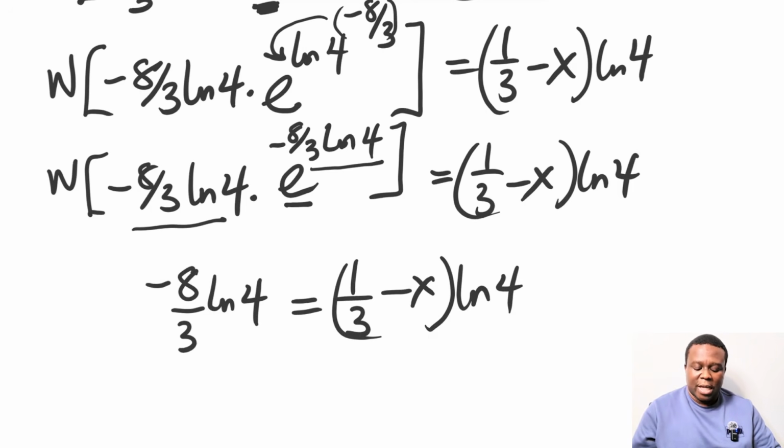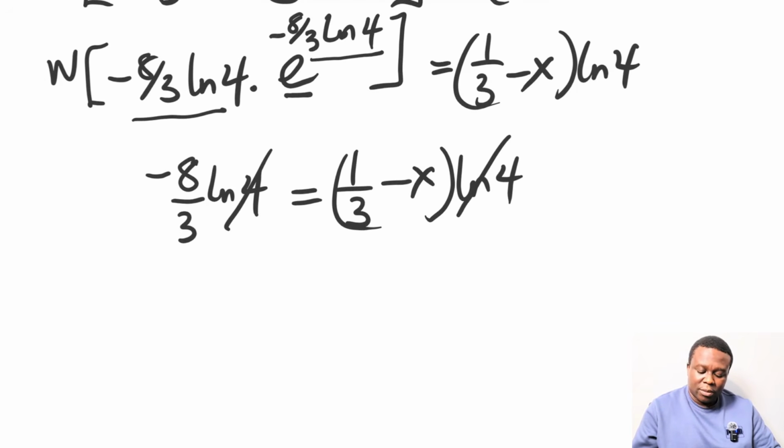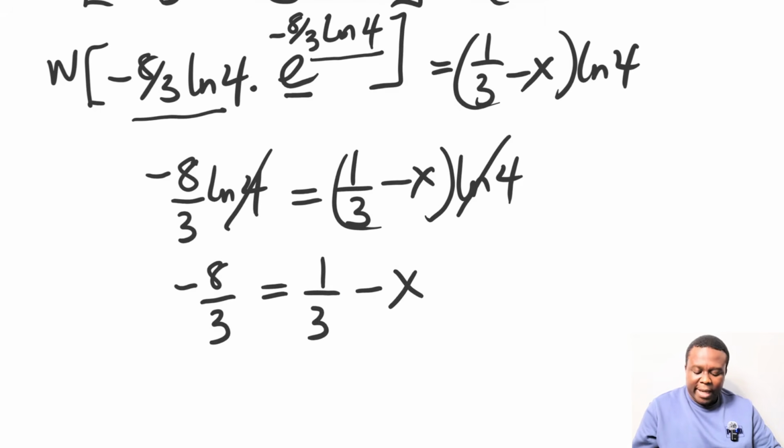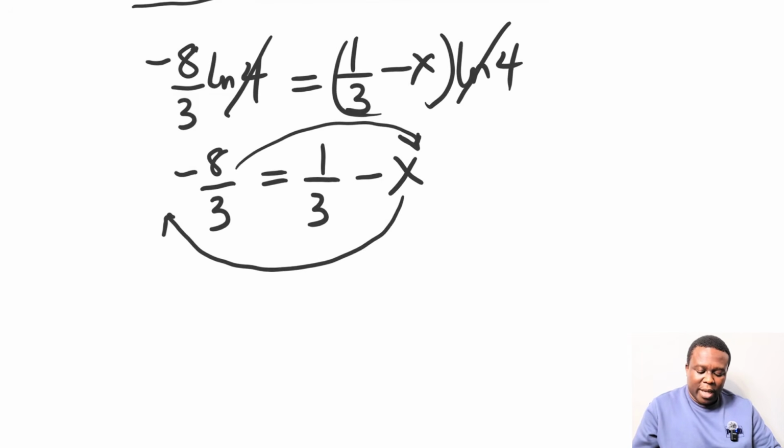So we have ln 4 on both sides. So the ln 4s can cancel out because we're actually looking for the value of x. Okay, so now we have minus 8 over 3 equals 1 over 3 minus x. So if we move x to this side and move minus 8 over 3 to the right-hand side, x becomes positive: x equals 1 over 3 plus 8 over 3.